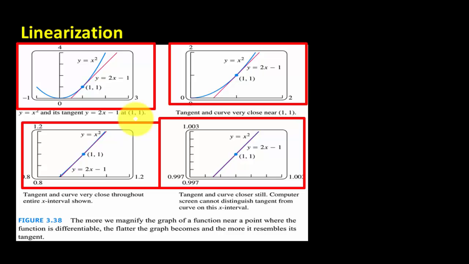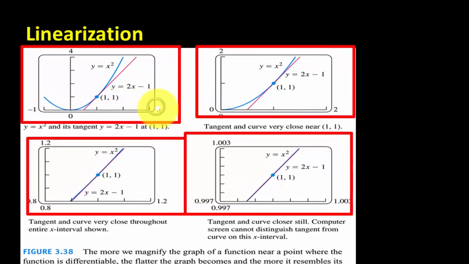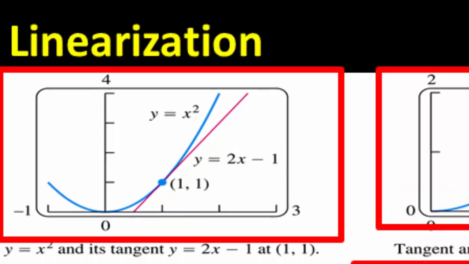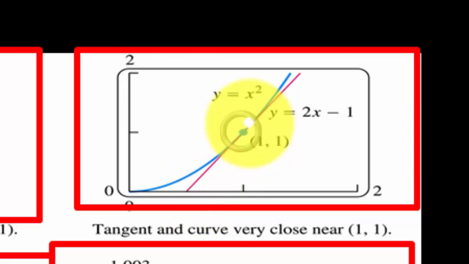Here are the different screen captures of the function at different ranges of the x. Here, this was graphed from -1 to 3. And that was just the graph that I showed you in the previous slide. Now let's see, suppose we zoom in from 0 to 2. See, the line tangent is really, from here to here, they're almost coinciding.